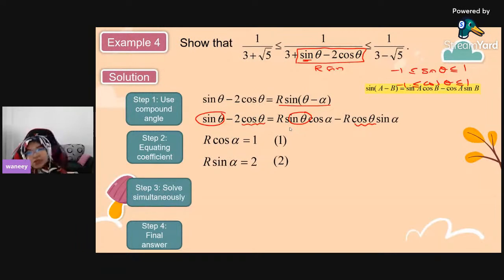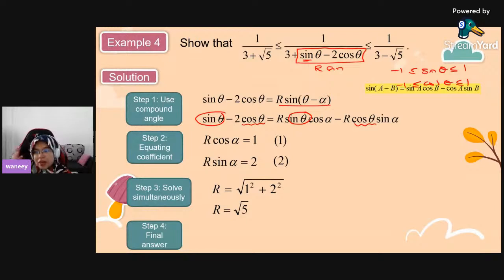and then you have to solve them simultaneously. You simply do the first equation squared plus the second equation squared. So r is equal to the square root of 1 squared plus 2 squared, so r will be equal to the square root of 5. Now I didn't find the value of alpha because that doesn't really matter.